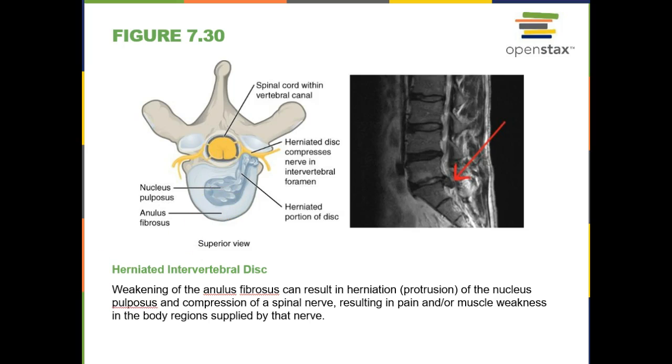Sometimes, if you're not properly supporting your back and leaning too far forward, it causes the nucleus pulposus to squirt out the back and put pressure on a spinal nerve. So that is one low back issue that could cause back pain.